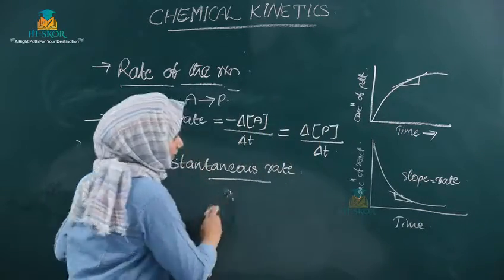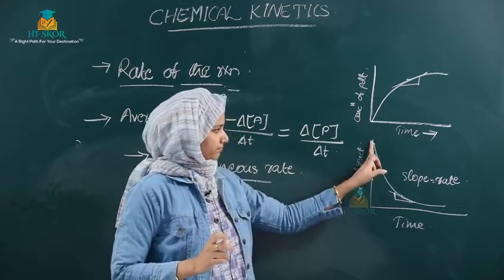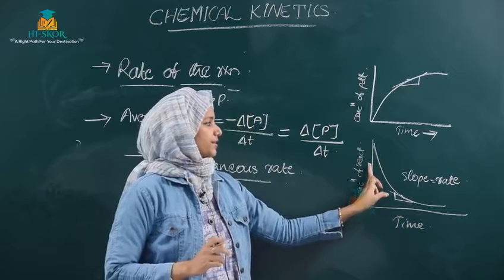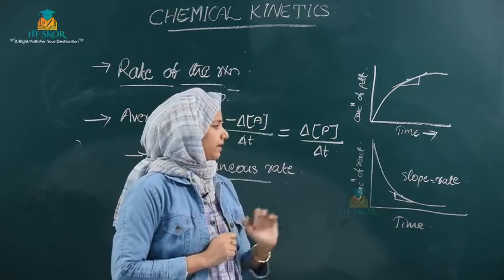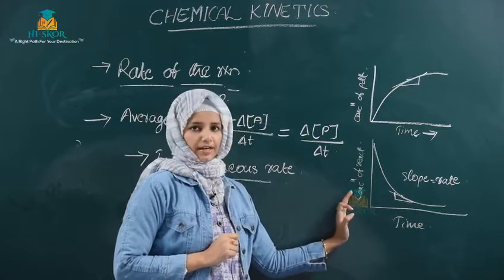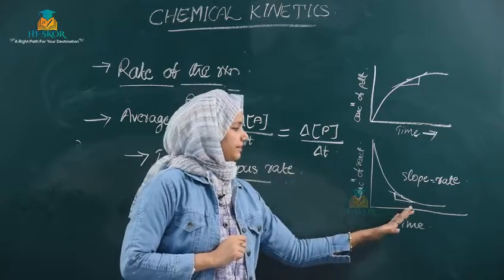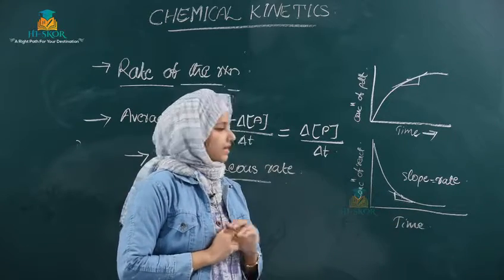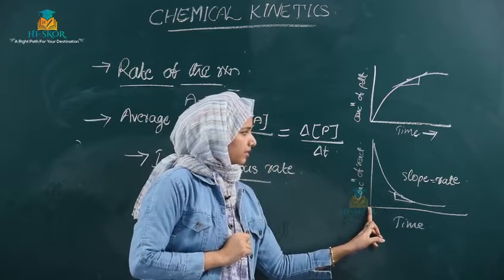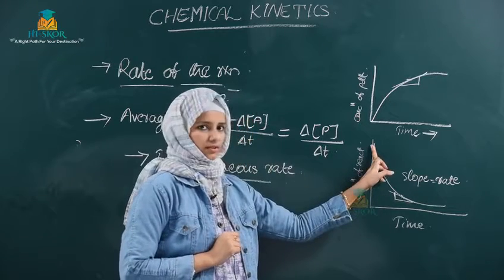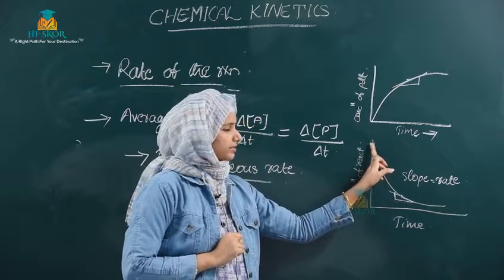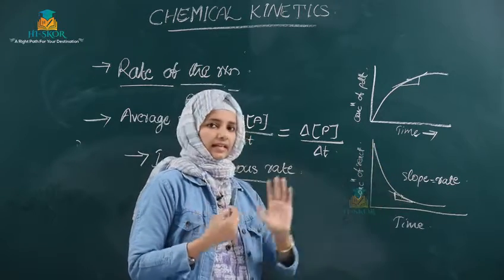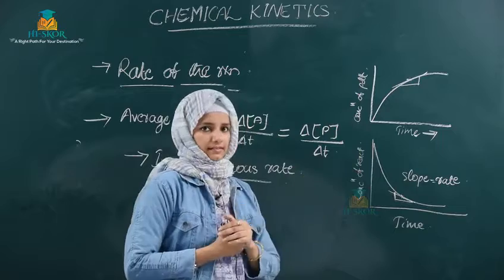suppose we are plotting a graph of time versus concentration of reactant. Okay. So we are conducting a reaction, and at different times we are noting the concentration of the reactant. As the reaction proceeds, the concentration of reactants decreases, as shown in this graph.